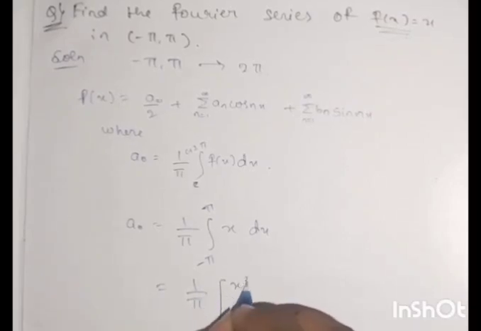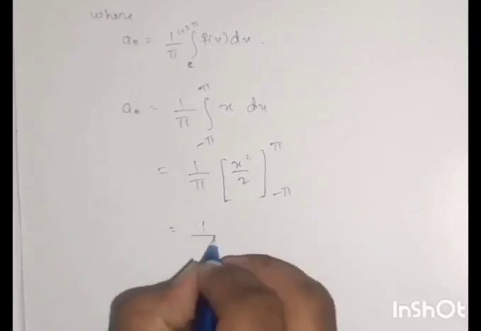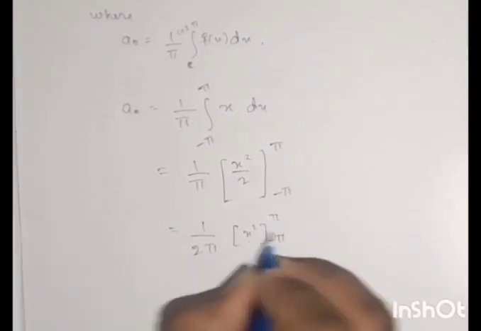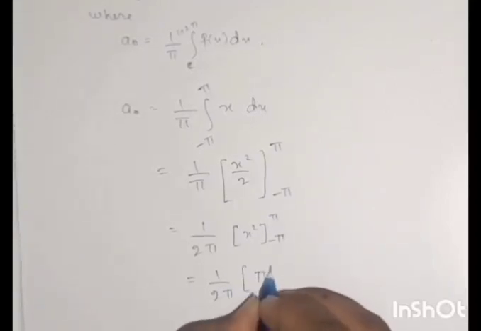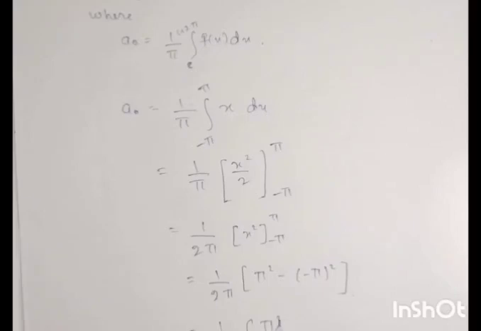Integration of x is x square by 2, and limits are minus pi to pi. Taking the 2 outside, x square from minus pi to pi. Applying the limits, we get pi square minus pi whole square, so 1 by 2 pi square minus pi square, so it will be 0. So we get a0 equal to 0.